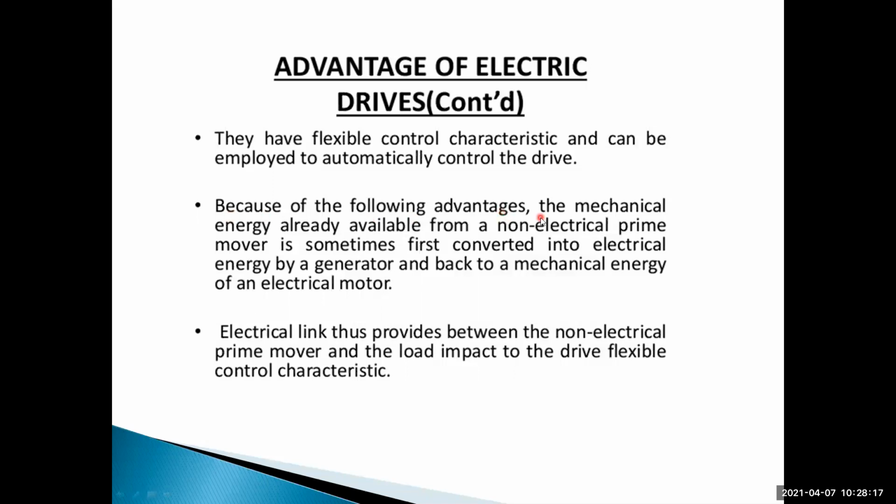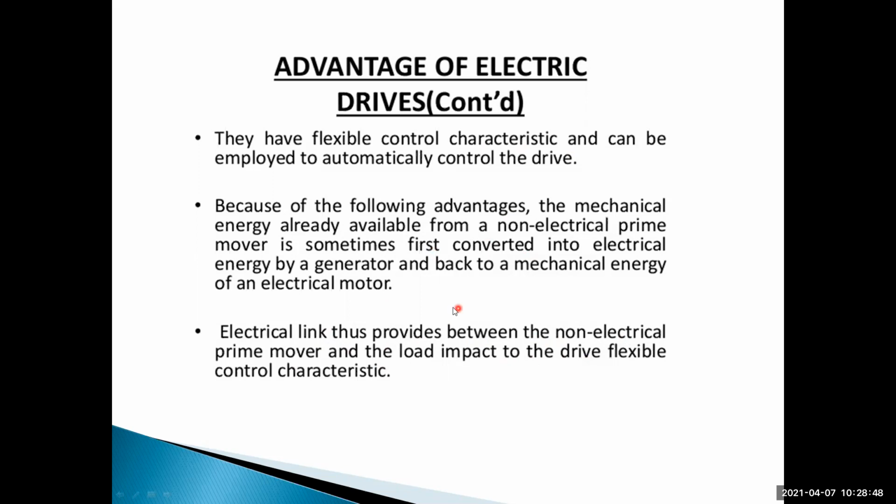The mechanical energy already available from a non-electrical prime mover is sometimes first converted into electrical energy by a generator and back to mechanical energy by an electrical motor. The electrical link thus provided between the non-electrical prime mover and the load imparts flexible control characteristics to the drive.